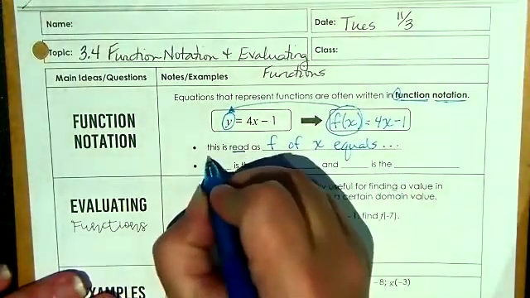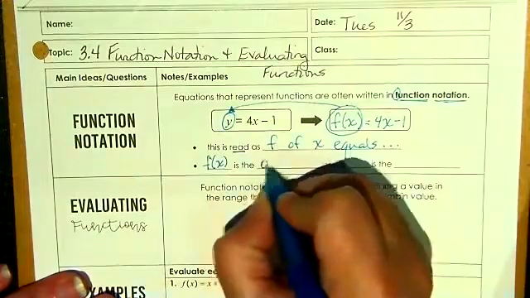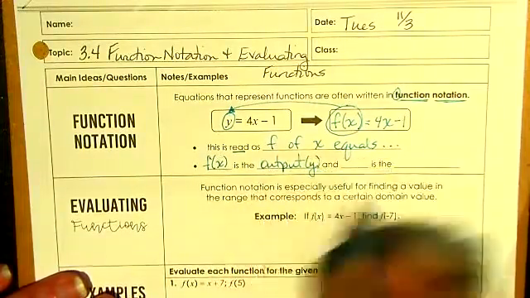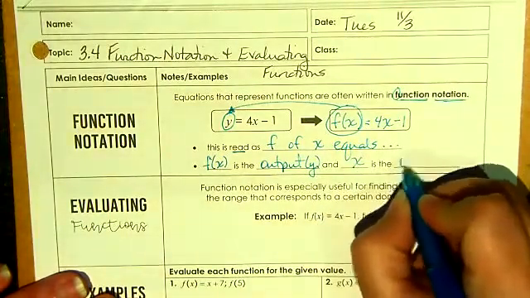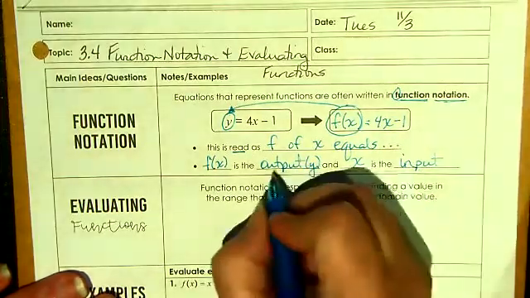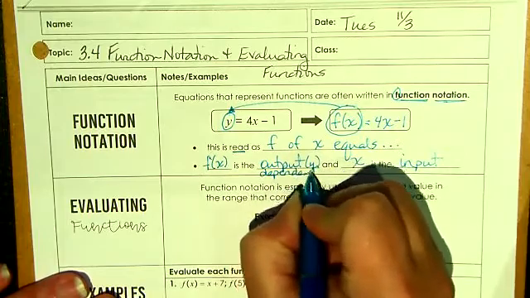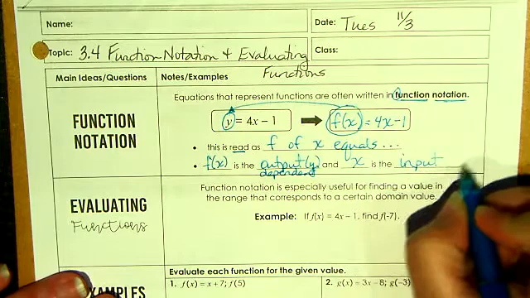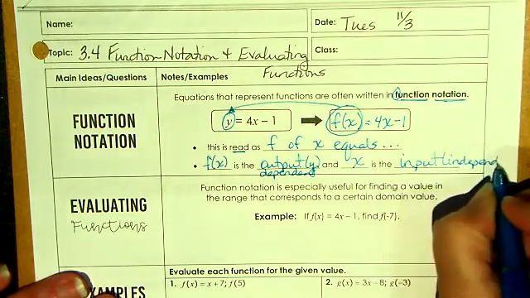When you're looking at this, the f of x is the output, or the y value, and x is the input. And if you remember, the output is also referred to as the dependent variable, and the x is the input, or the independent variable.